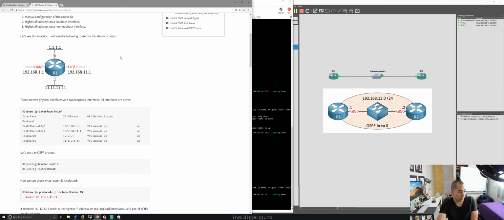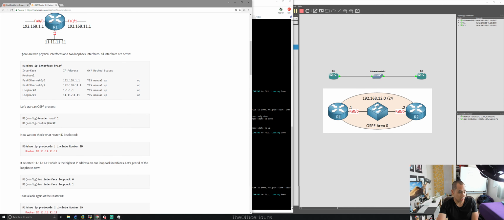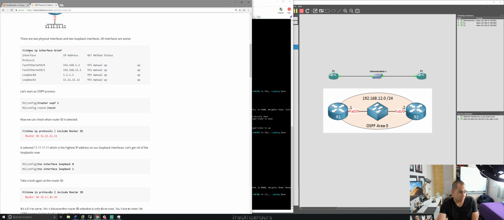So I guess for this lesson we have a topology of just one router, so I'm not going to port this over to GNS3 because it's way too simple. Alright, so R1, looks like we have four interfaces that are up.